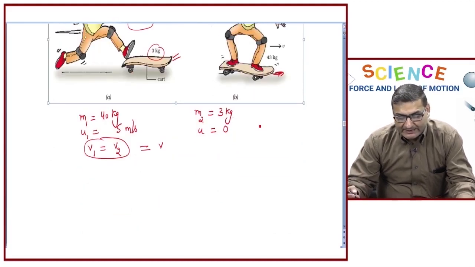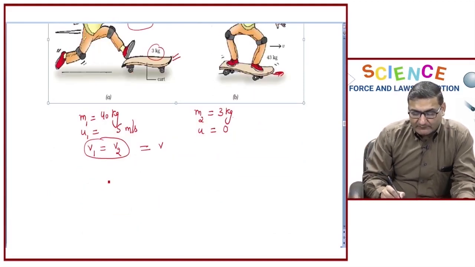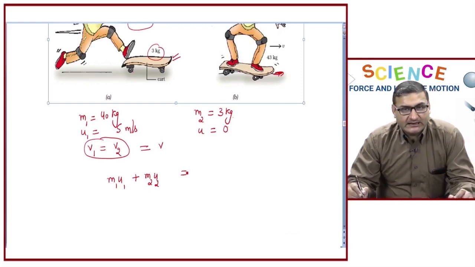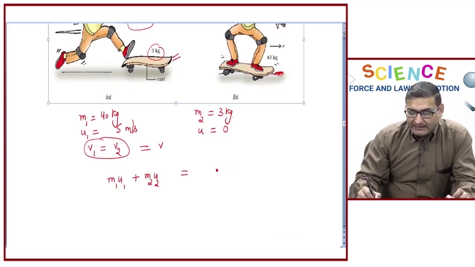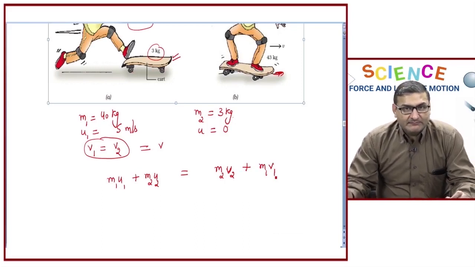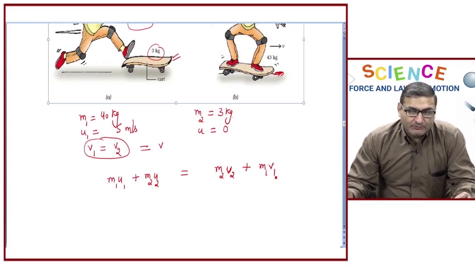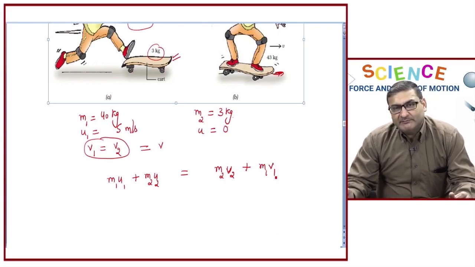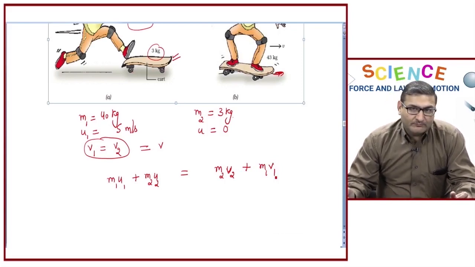Got it? Applying once again the law of conservation of momentum, which states that the initial momentum of both the objects, which are in this case the girl and the cart, and the final momentum will be the same. The initial momentum will be m1 u1 plus m2 u2 and the final momentum will be m1 v1 plus m2 v2.